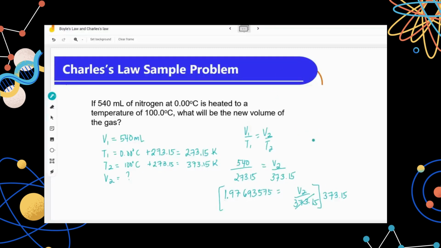Makukuha natin ay 737.69 ml for your volume 2. Okay, so expected naman natin na tataas si volume kasi tumaas si temperature.